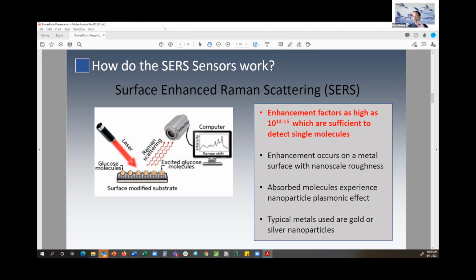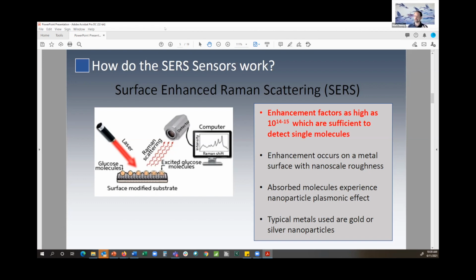And what happens is when that laser impinges upon those metal nanoparticles, the electron cloud in that particle starts oscillating in such a way it creates this plasmonic field and creates these hot spots where if the analyte molecule of interest is in that hot spot, then that Raman process is enhanced many, many orders of magnitude.